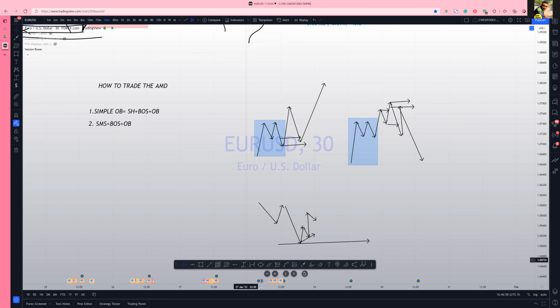We have this break of structure over here, and this break of structure. And price trading back to do what? To mitigate this order block over here.